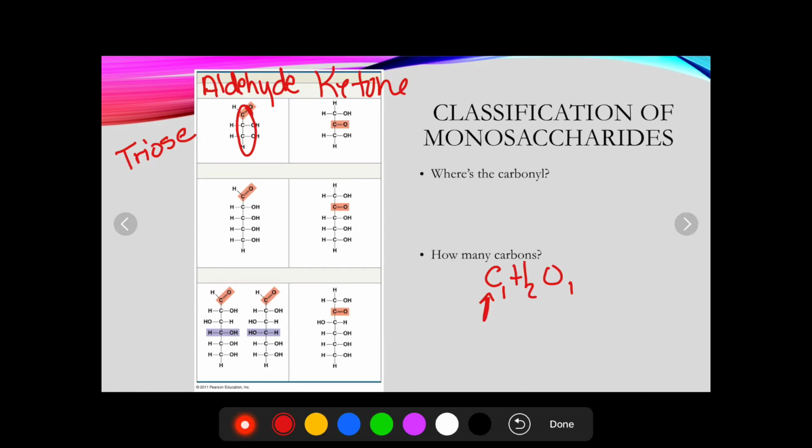Think of a place in DC. Penta. So this becomes a pentose. And 6? Hexose. Okay. They're all following the same 1 carbon, 2 hydrogen, 1 oxygen formula. They all have a carbonyl group somewhere in them. But the number of carbons can vary. The location of the carbonyl can vary. So far, so good?